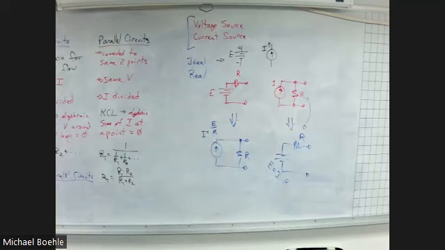We actually use that as a potential method for solving more complex circuits, especially circuits with two sources. It's kind of a way around superposition. So that's still there. We're not going to use it as much, but the concept is still important.